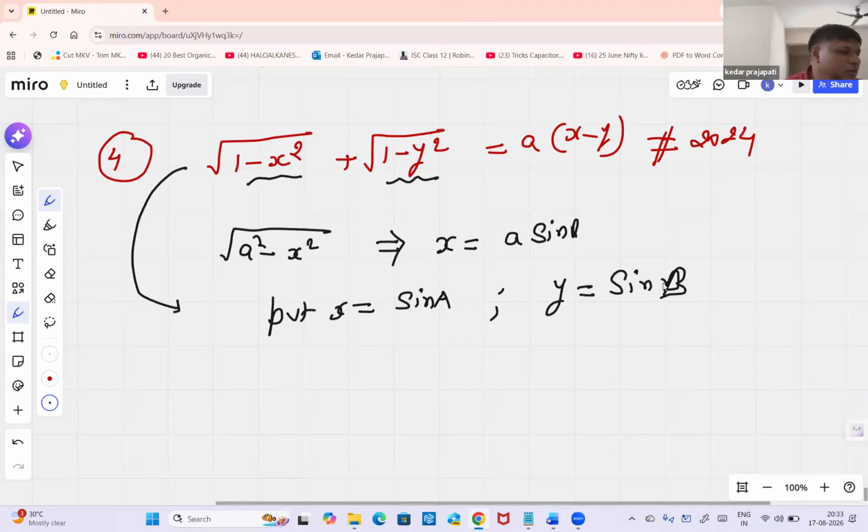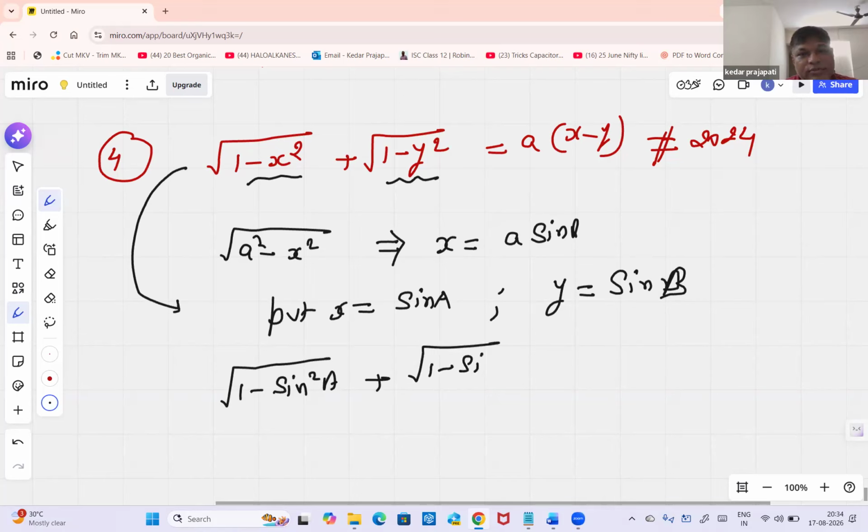Okay. Now this will become root over 1 minus sine square A plus root over 1 minus sine square B is equal to a in place of x sine A minus sine B.